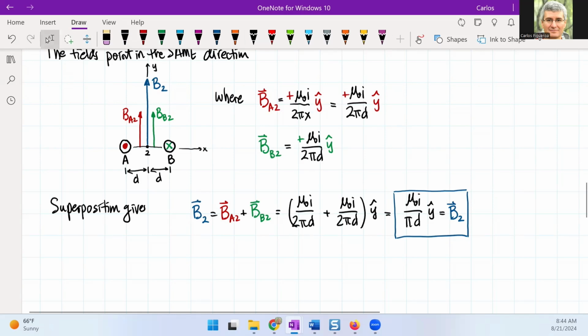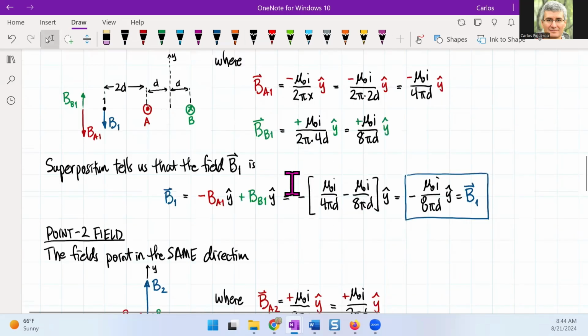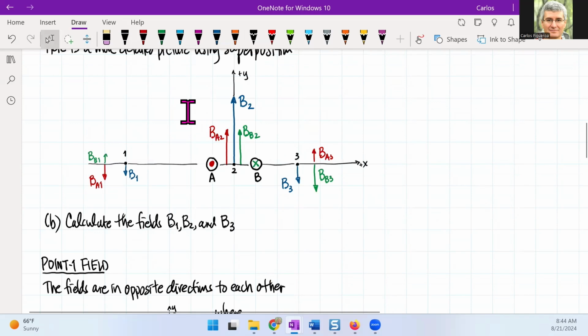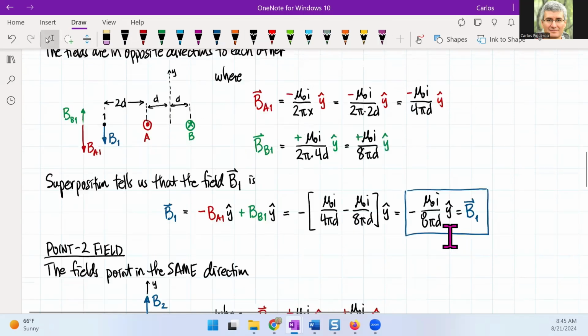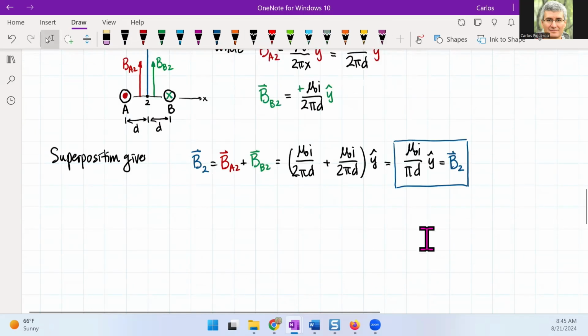Now, if I repeat this process for 3 up here, I could just copy and modify this. So let's look at this and see if we can do that. So now we're at point 3.